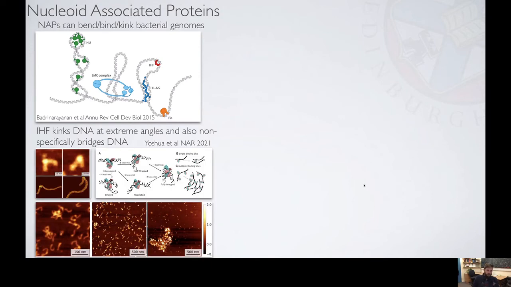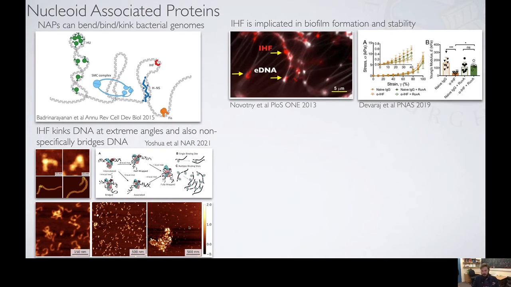Recently, and this is actually work from last year from the group in York, they found that IHF not only bends DNA at extreme angles, but in some conditions it can also bridge DNA. So for instance, they saw these aggregates at the single molecule level with single molecule techniques.